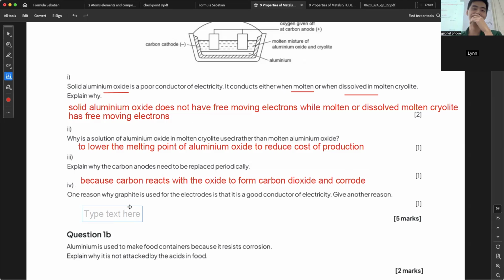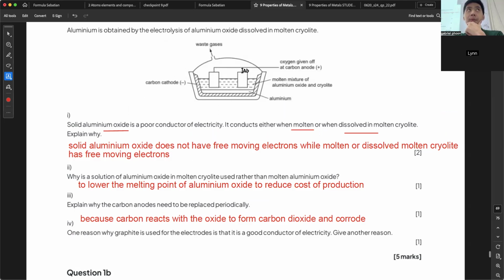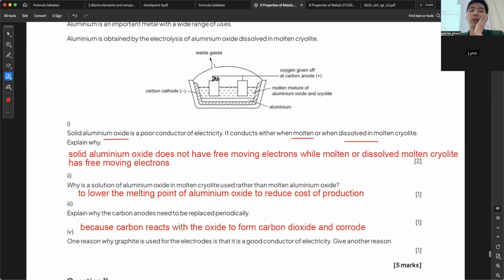Okay, can everyone state one reason why graphite is used for electrodes? Give another reason why. Sometimes in this extraction of aluminium, instead of using carbon electrodes, they'll use graphite electrodes.